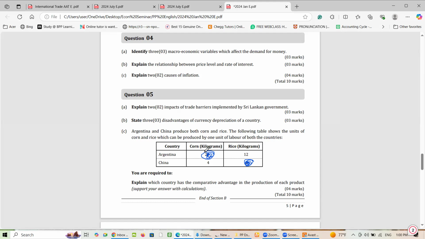You export the product for which you have absolute advantage and you import the product for which you have absolute disadvantage. I repeat, you export the product for which you have absolute advantage, you import the product for which you have absolute disadvantage. So this is the way you organize your international trade under the absolute advantage theory.